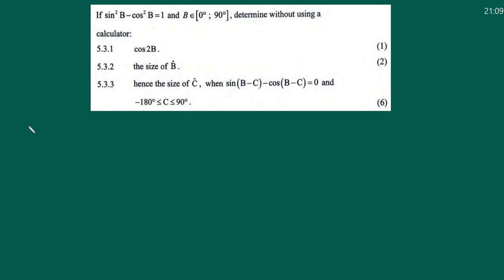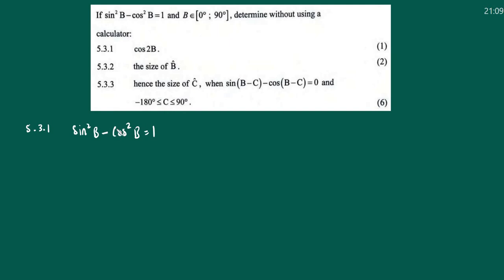For 5.3.1, do you see that it's 1 mark? It's 1 mark because this one we didn't really need to draw the diagram, because you can get 2 beta. So how do you get it? Remember, sine squared beta plus cos squared beta is equal to 1. We are used to cos squared minus sine squared.